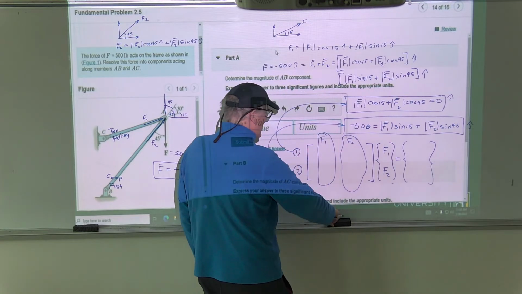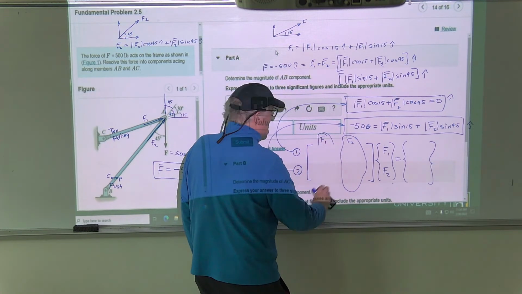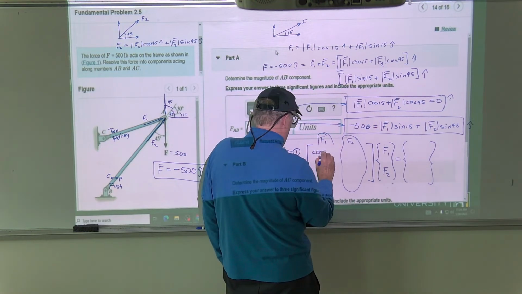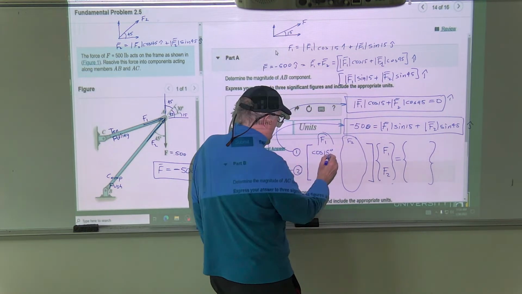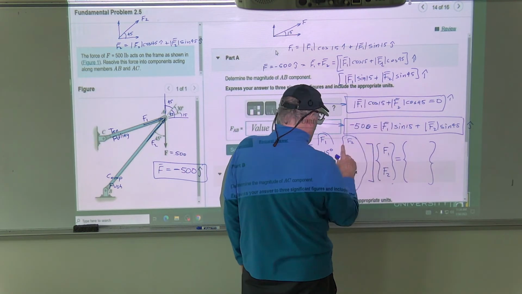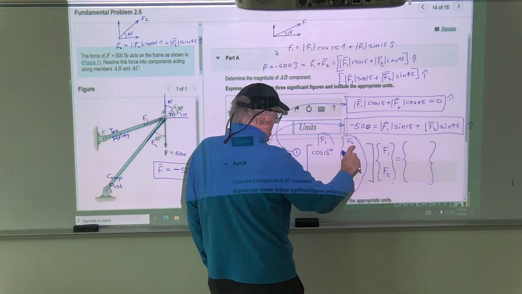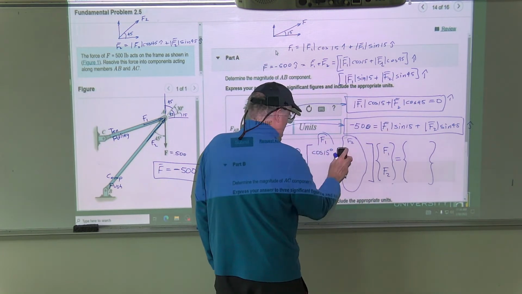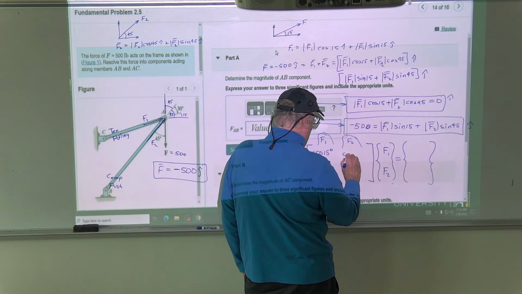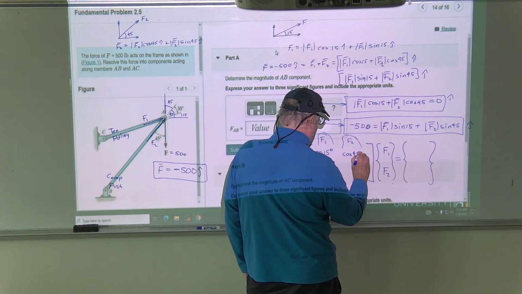Okay, so in the F1 part, I've got cosine 15 degrees. In the first equation, the F2 term is cosine of 45 degrees.